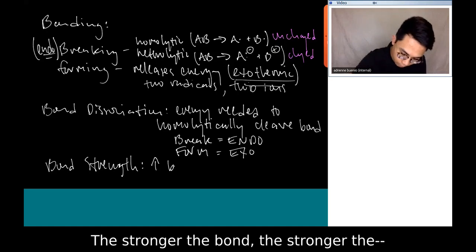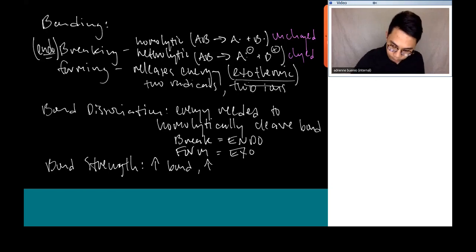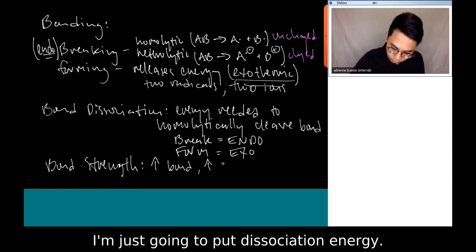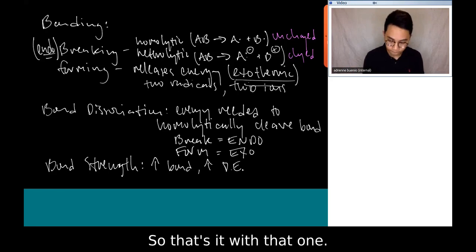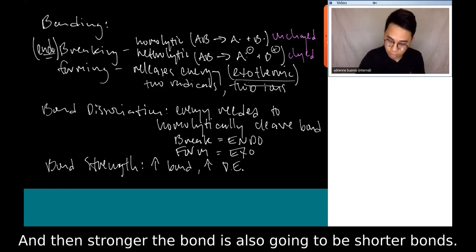Stronger the bond, stronger the dissociation energy, and vice versa. So that's it with that one. And the stronger the bond is also going to mean shorter bonds.